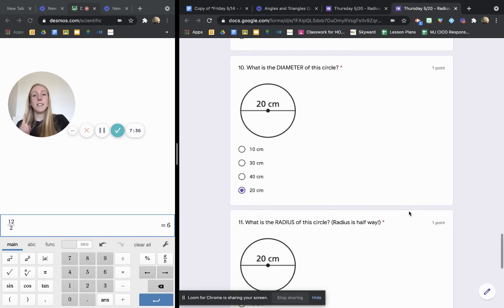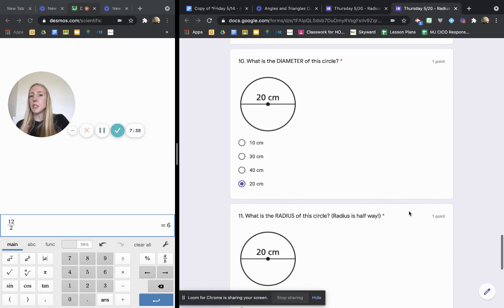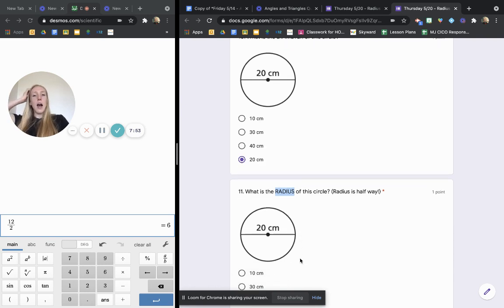All right, again, same circle, same measurement for a diameter. It's 20 centimeters across, but now I want the radius. So I don't want all the way across anymore. Remember, the radius is just from halfway out. It's just from the center to the edge. So I'm going to take 20 and figure out what I need.